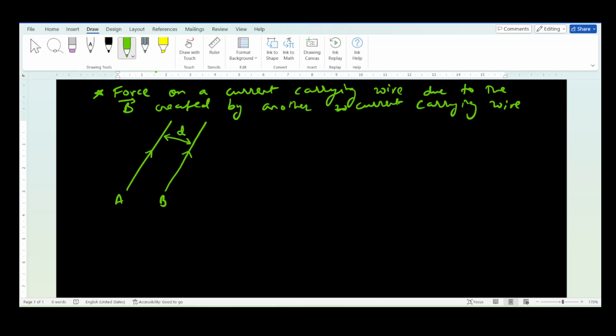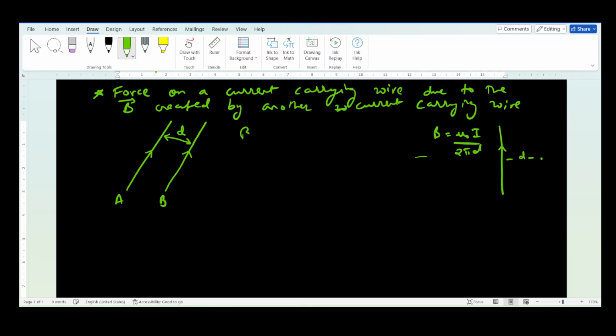So the magnetic field at a distance d due to wire A will be given by some equation, and that equation will come from the following formula. If you have a wire, then the magnetic field at a distance d from the wire is given by B is equal to mu naught I divided by 2 pi d. So this is something that we will apply here.